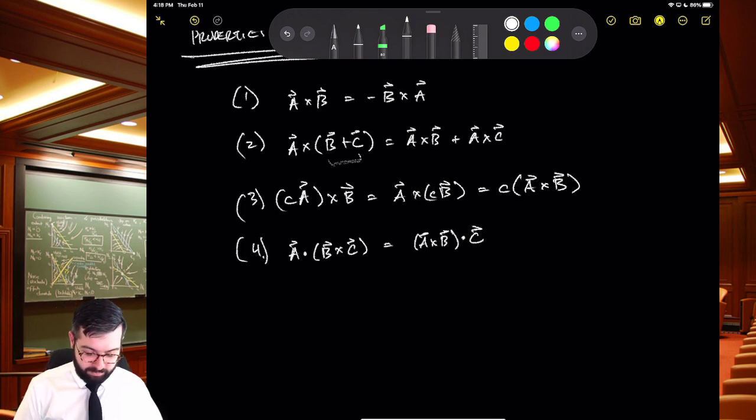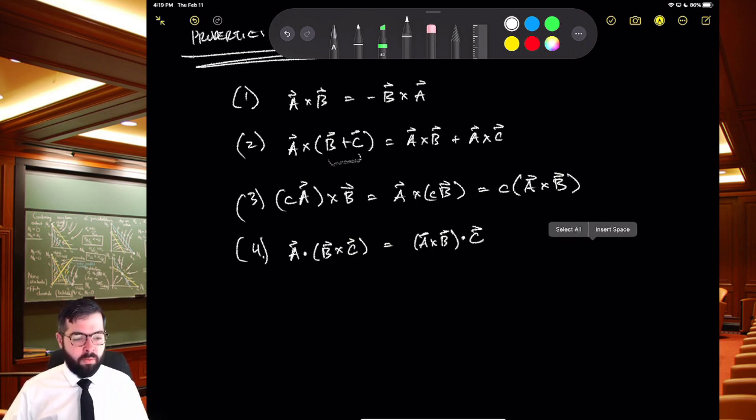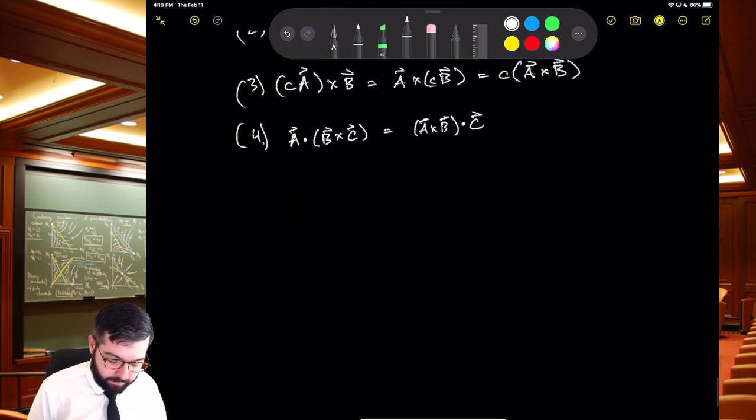Okay. So we've got these nice properties. Couple additional ones that are really nice to have in the back pocket. The first is the following.